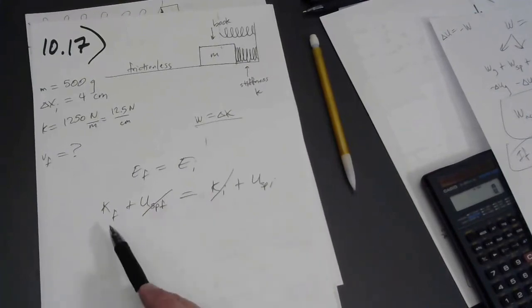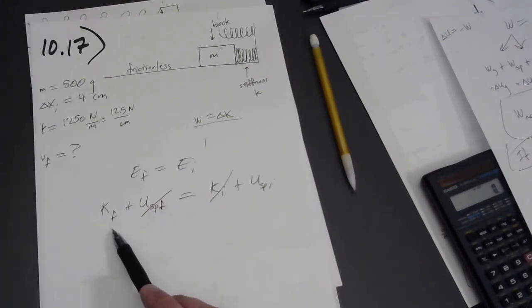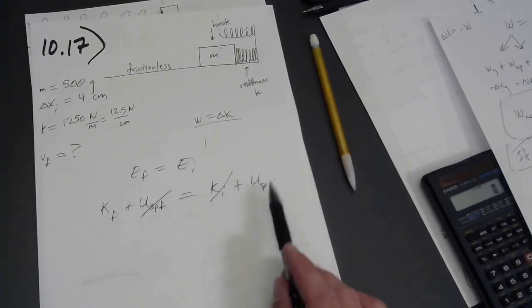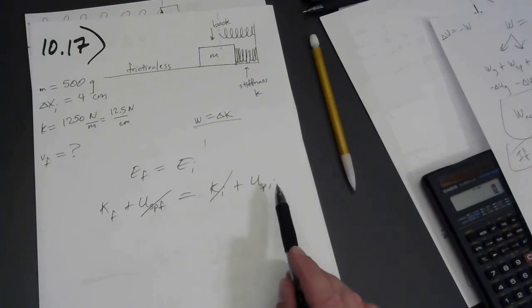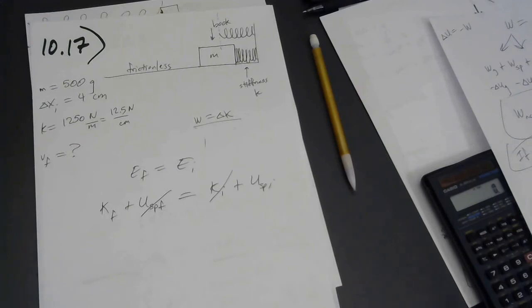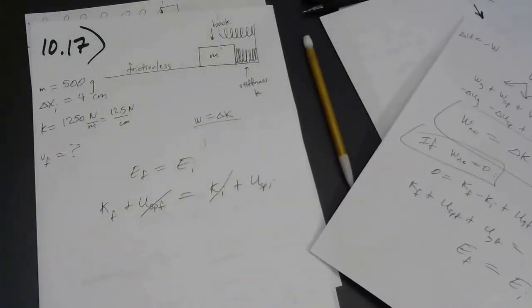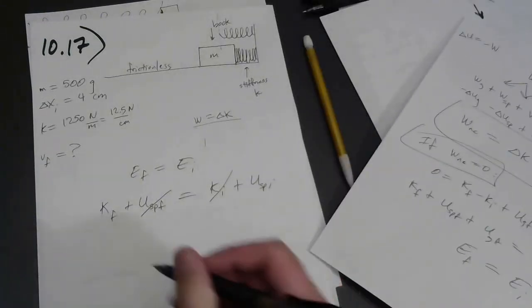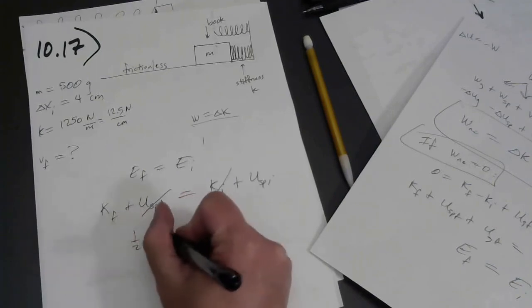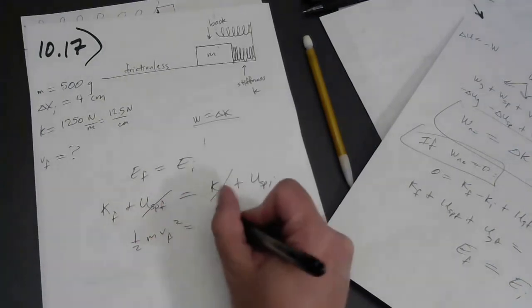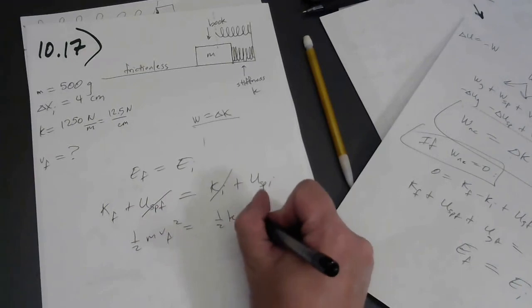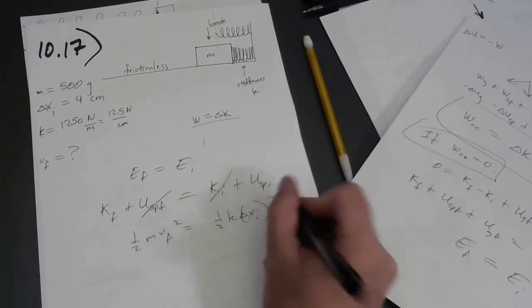And all we have to do is say that the kinetic energy of the launched block comes from the stored spring energy. This is actually a very trivial problem. After you've already done the legwork with deriving the equation and coming up with the formula for spring potential energy, once you know how to use the formulas, this is super easy. So 1/2 m v final squared is 1/2 k delta x initial squared.